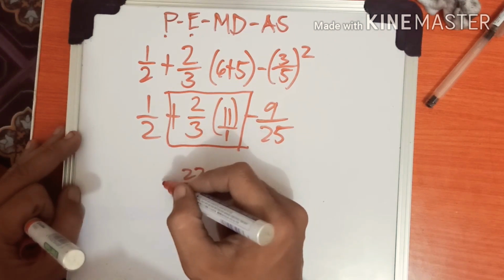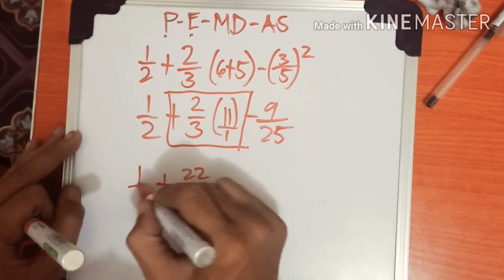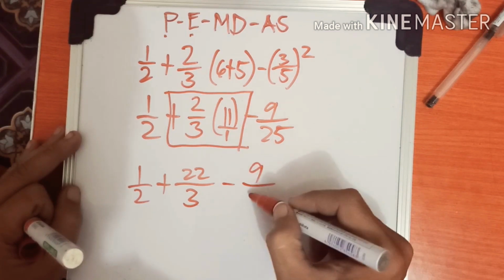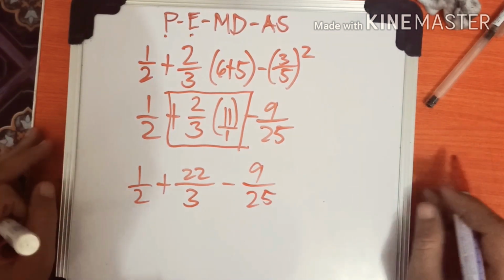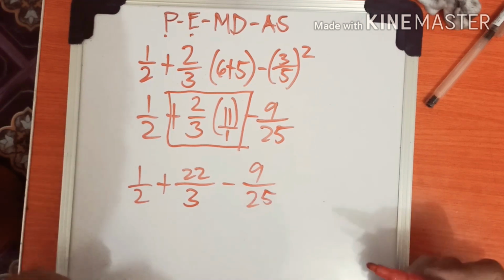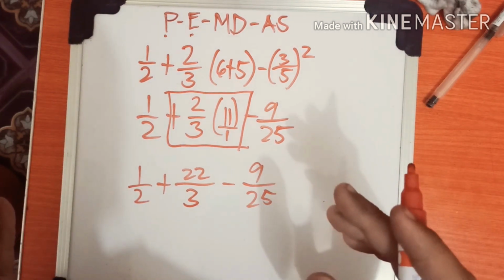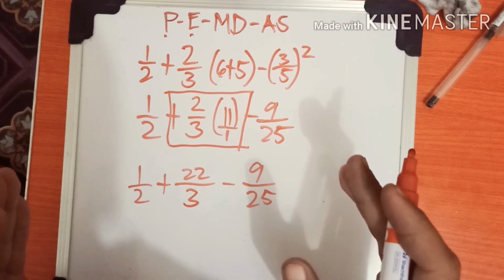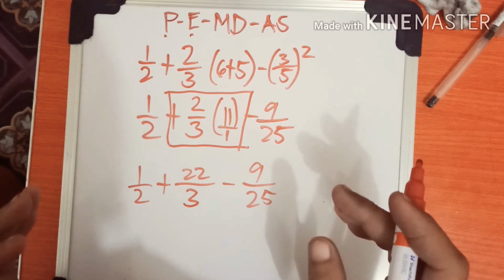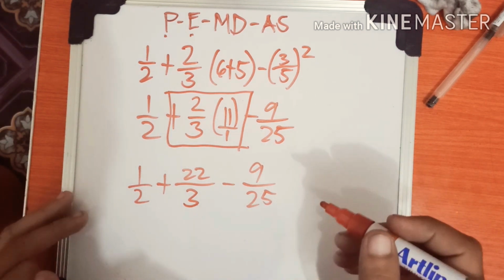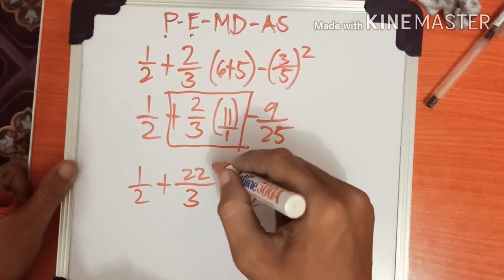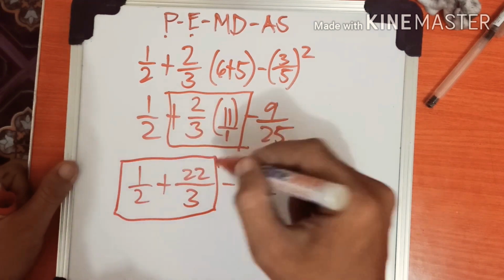Then copy the positive sign, and then 1/2, then the negative of 9 over 25. And now in this part we have to do the basic solving of fractions, especially improper fractions.